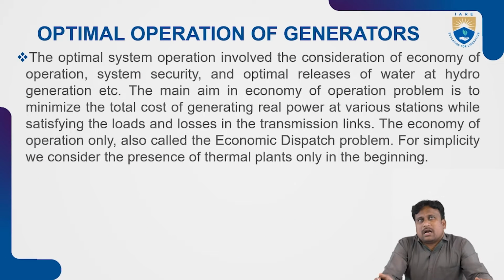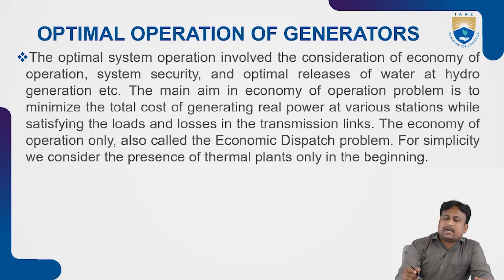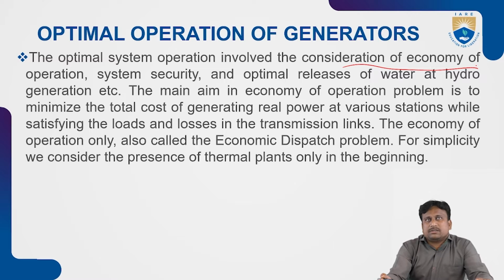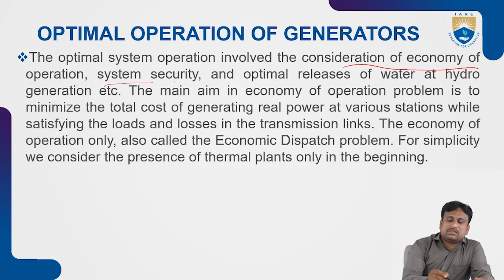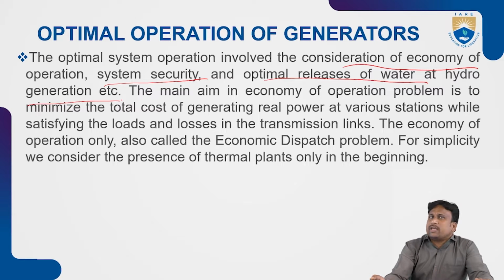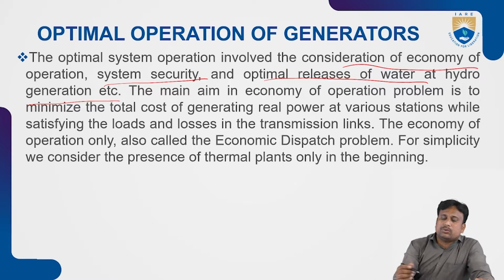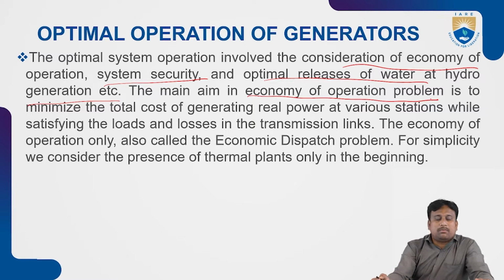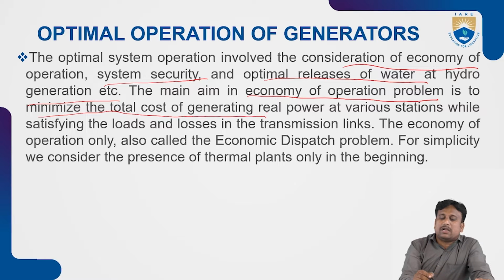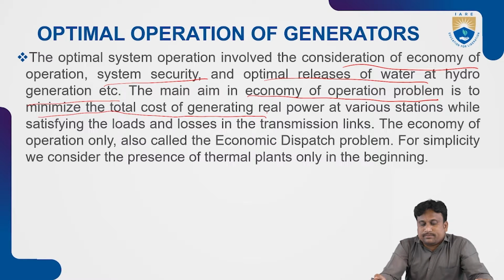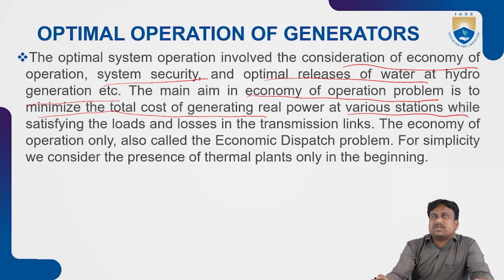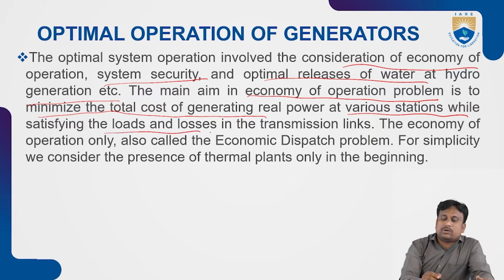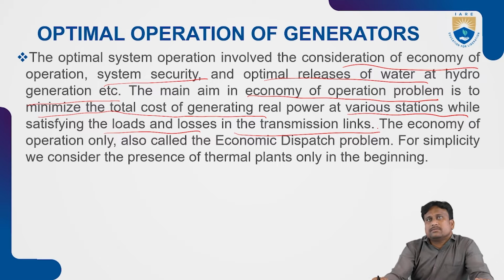Next, optimal operation of generation involves the consideration of economy of operation and also system security, which includes the release of water at hydro generations. The main aim in the economy of operation problem is to minimize the total cost of generating real power at the various stations while satisfying the loads and losses in the transmission links.